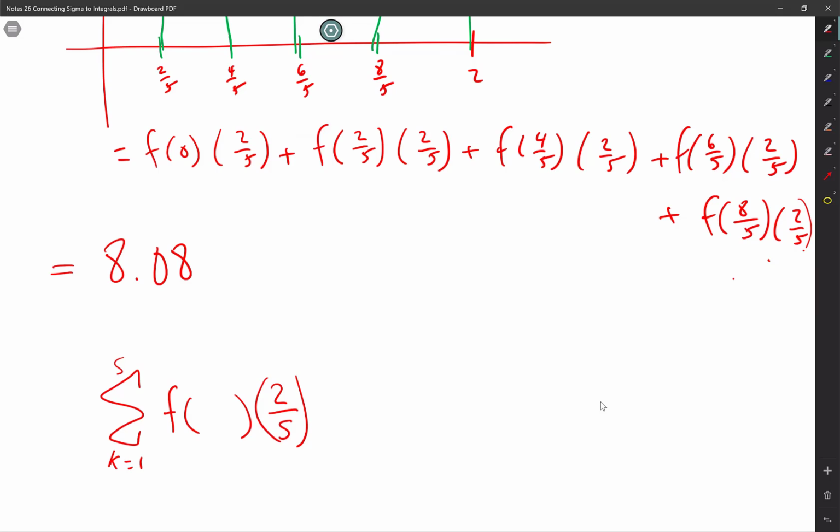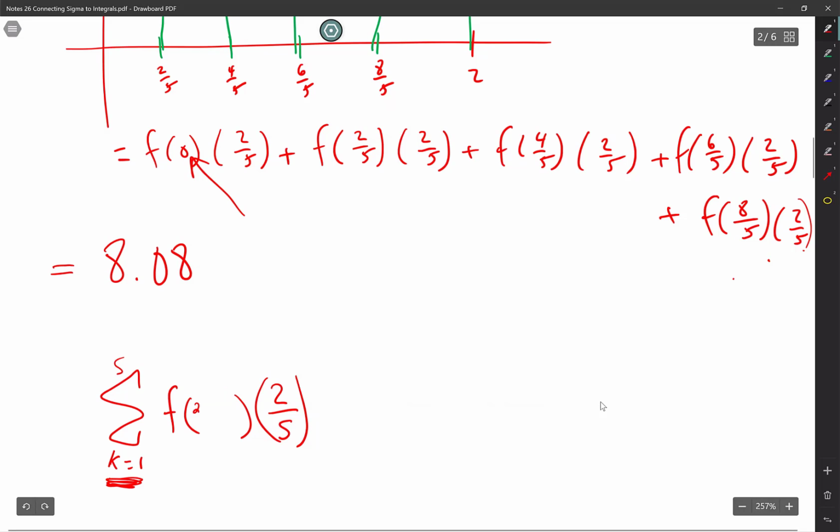If I am adamant about starting at k equals 1, which 99% of our integrals are going to do, then what must go in here? Notice that I better get a 0 on the very first one. Perfect.